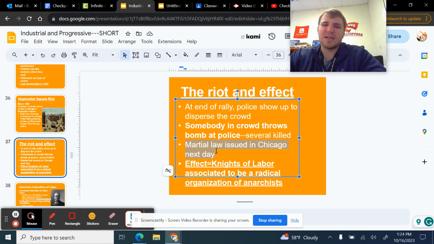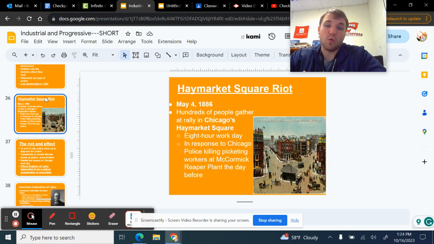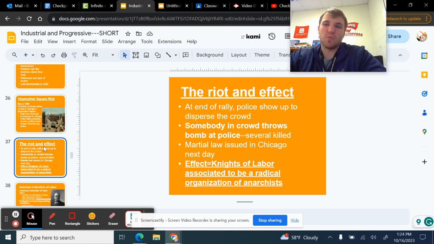And because the Knights of Labor was involved in organizing this protest, the Knights of Labor gets roped into this whole event, with the bomb thrower and everything. So the effect is that the Knights of Labor starts to be associated with being a radical organization of anarchists.